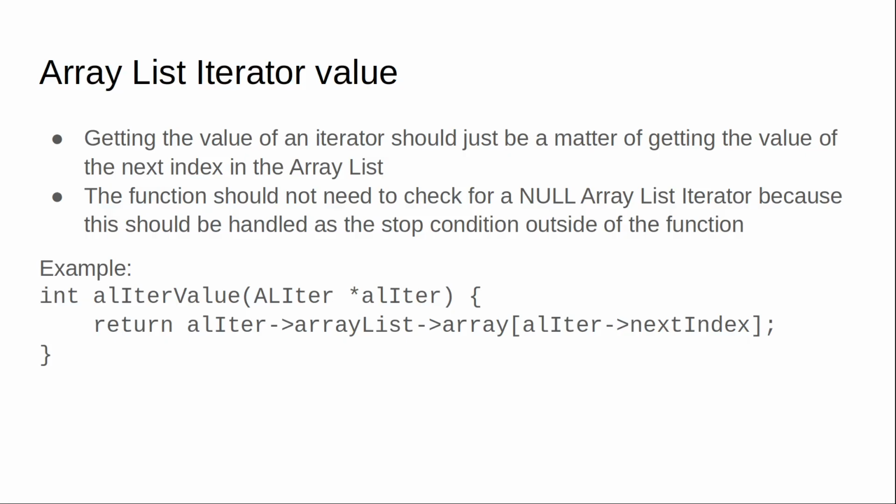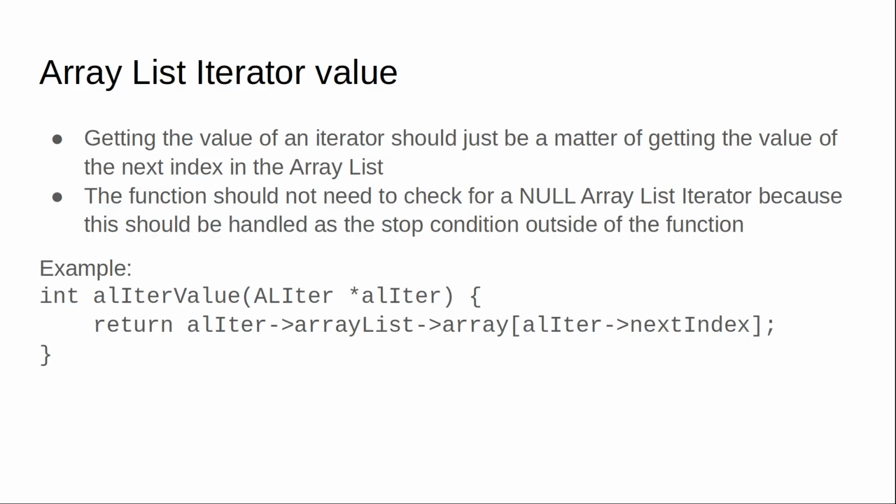If we're trying to test for an invalid situation, but we're always returning a valid value, what do you return to indicate an invalid value? That doesn't make any sense, right? So the responsibility for checking a null iterator is the responsibility of the caller of this function. The caller should not call this function if the iterator is null.